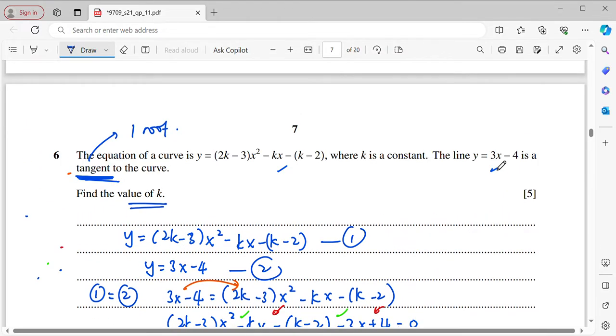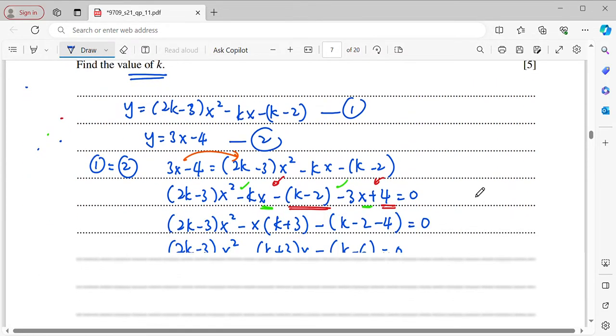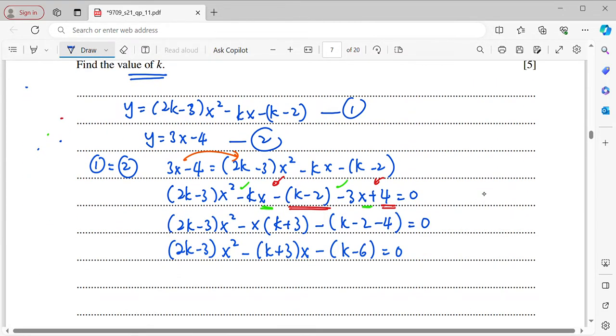Now since it's mentioned the straight line is a tangent, we know that it will be just one root for the simultaneous equation. In other words, the discriminant will be 0. Before I write out the discriminant, I will write out the coefficients first. Coefficient for x squared will be 2k minus 3.